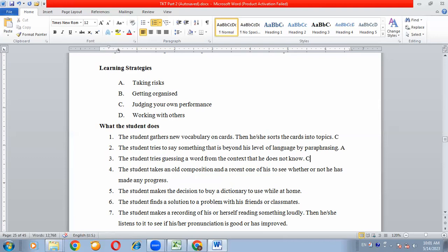The student takes an old composition and compares it with a recent one of his to see whether or not he has made any progress.